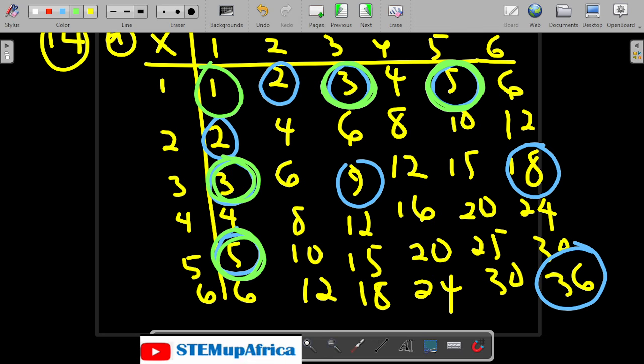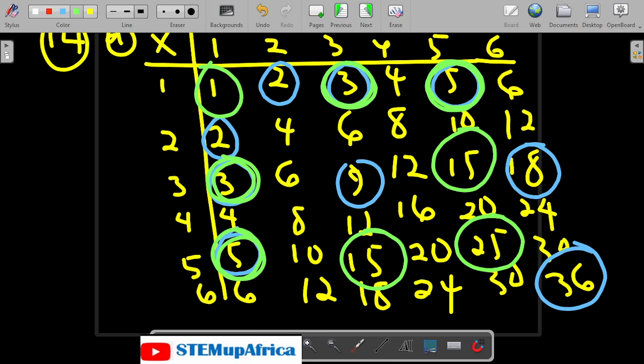We have 15, so it's odd. We have 25, 15 again. These are odd numbers. How many odd numbers do we have? 1, 2, 3, 4, 5, 6, 7, 8. Okay, 9 is also an odd number. So I'm having 9 over 36.